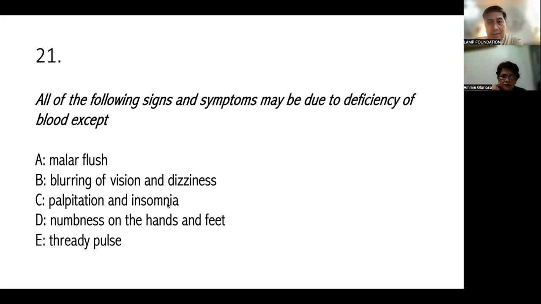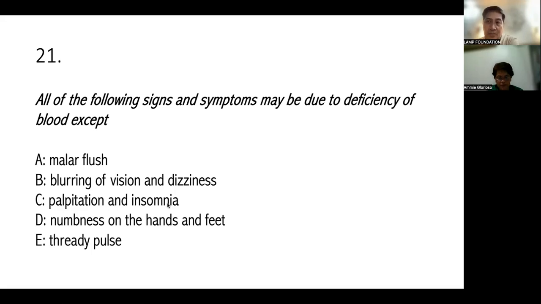Anong pattern po? Is it yin deficiency? Is it qi deficiency? Yin. Okay, yin deficiency.